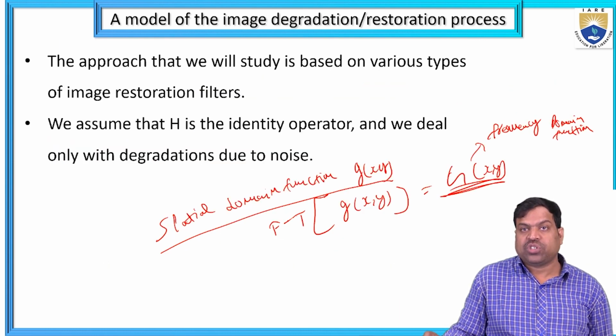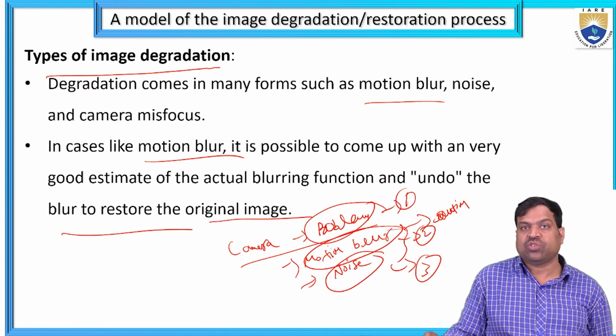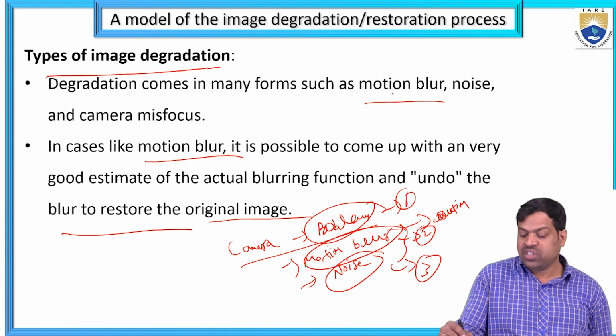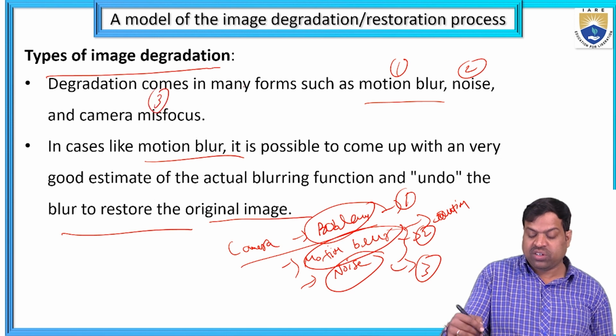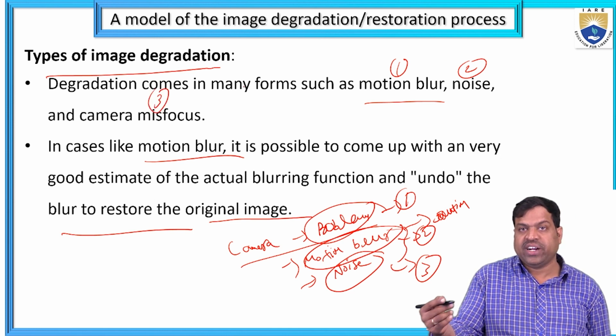What are the approaches to image restoration? What techniques do we use for image degradation and restoration? Degradation comes in many forms such as motion blurring, noise, and camera misfocus. These are the three major types of problems in the degradation process.